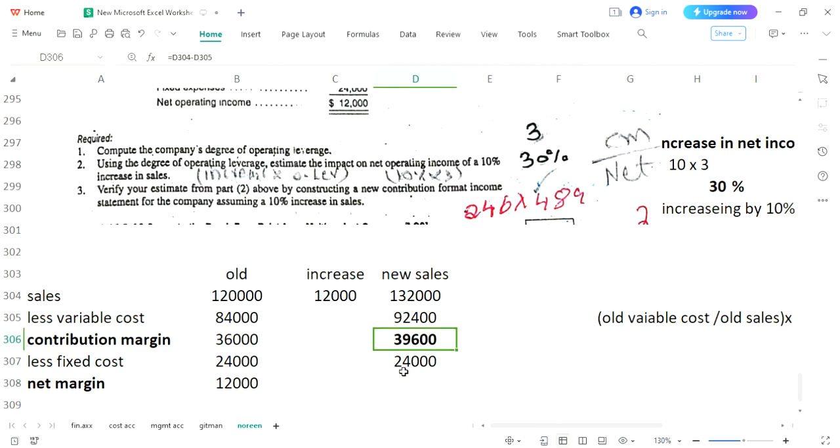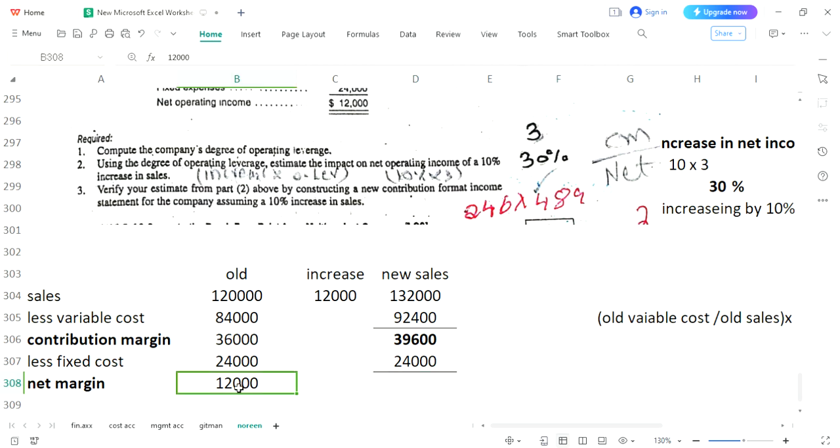It's time to calculate our net margin. Now here please understand why we are making this new statement, because we want to prove it. What is our proof? Look here, we have claimed in second statement that our net income would be increased by 30% according to this degree of operating leverage. Operating leverage we have calculated is 3 and increase is 30%. After calculation of degree of operating leverage, this net profit should be increased by 30%.